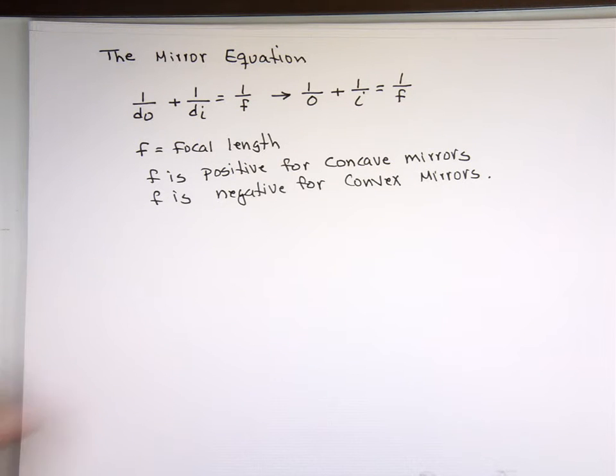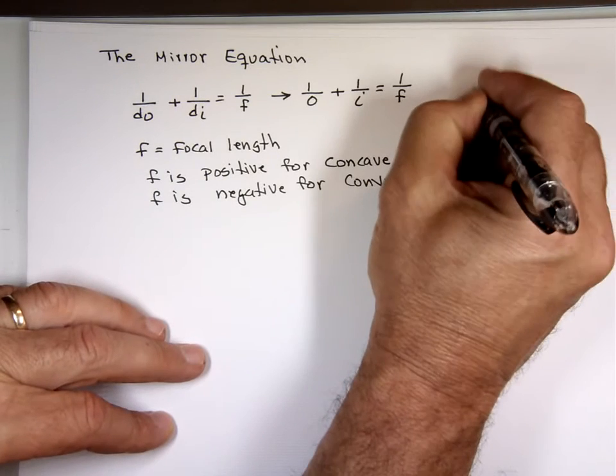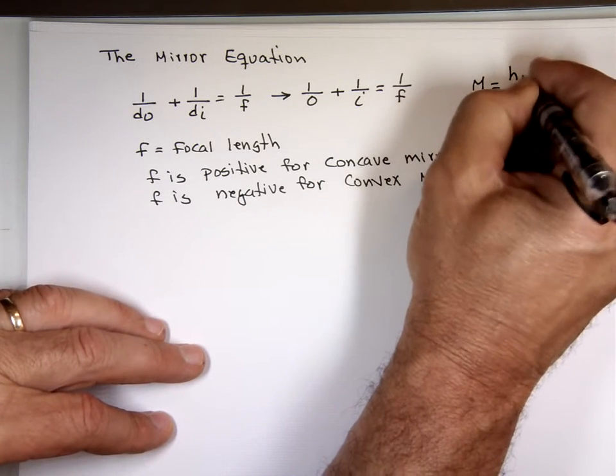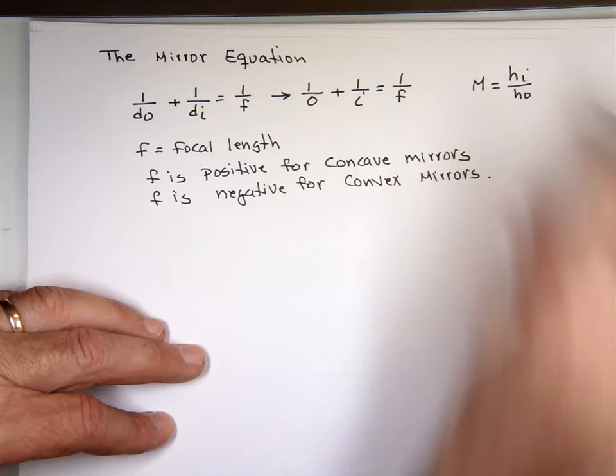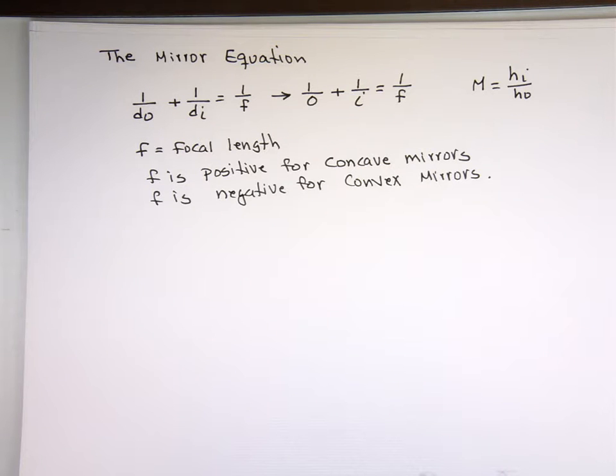The magnification is the height of the image over the height of the object. I forgot to write that. The height of the image, I did it earlier, but I didn't write it here. The height of the image over the height of the object. You'll see our book will use a minus sign with that.